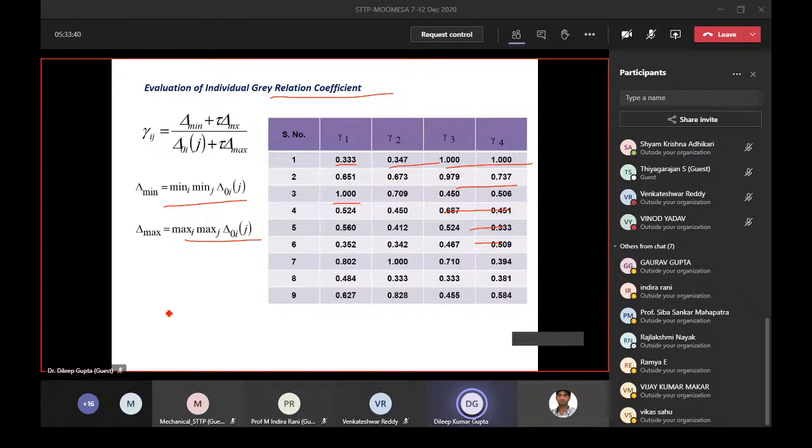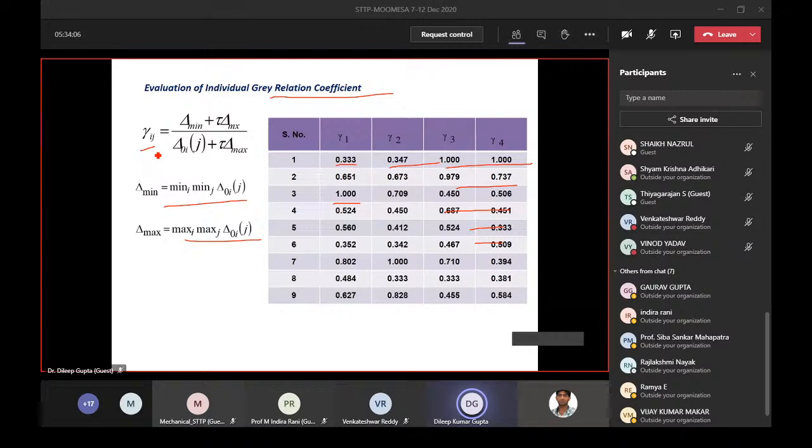Keep in mind, while calculating the value of grey relation, there is no concept of lower is better and higher is better, because we have already converted the actual experimental data to the normalized form. Once the data has become normalized, there is no concept of lower is better and higher is better. You directly use whatever values are given, and there is one single equation to find the grey relation coefficient for this case. Is that clear?